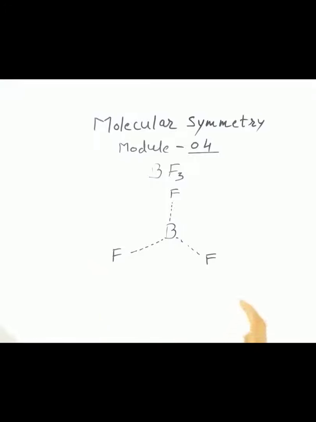Now as the BF3 molecule has trigonal planar geometry, it is an absolutely symmetrical geometry. The trigonal planar geometry is so symmetrical in nature that just by looking at the molecule, you can soon observe the plane that is passing through it.